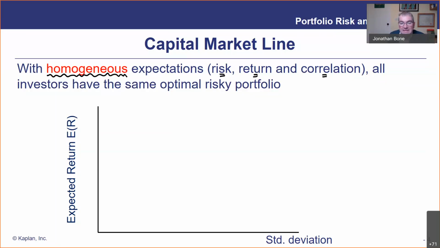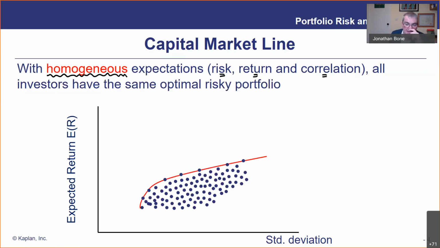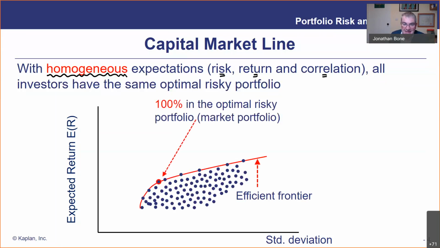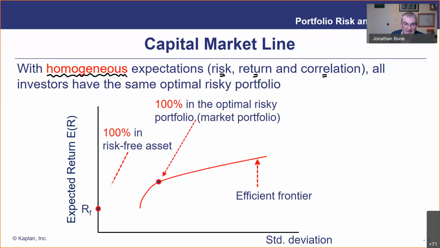All investors have exactly the same efficient frontier. And then when we throw in a risk-free asset, we all end up with the exact same optimal tangency risky portfolio. Okay, so everybody has the same efficient frontier. So when we add a risk-free asset, everybody comes up with this portfolio. And this portfolio is often referred to as the market portfolio.